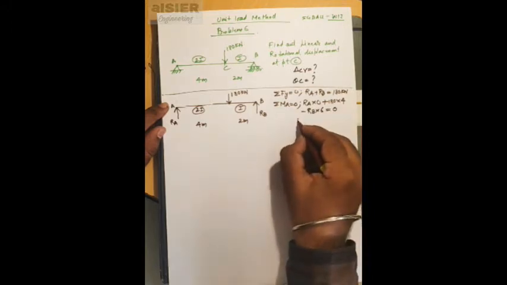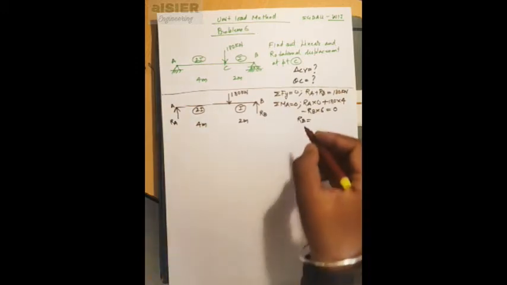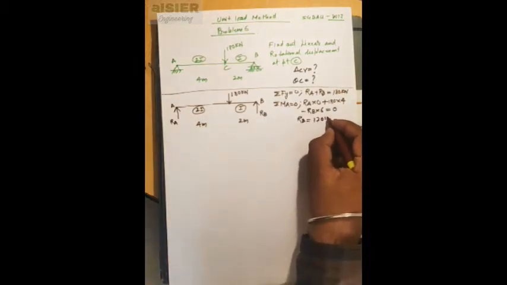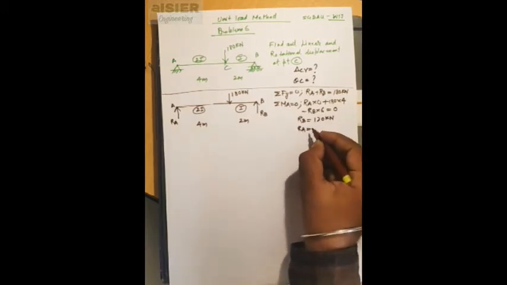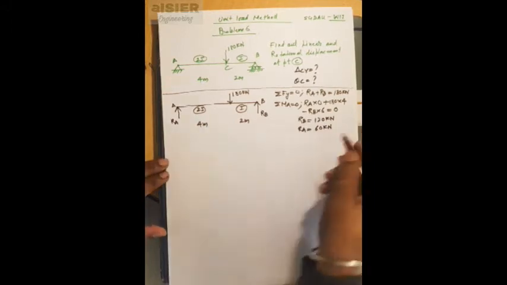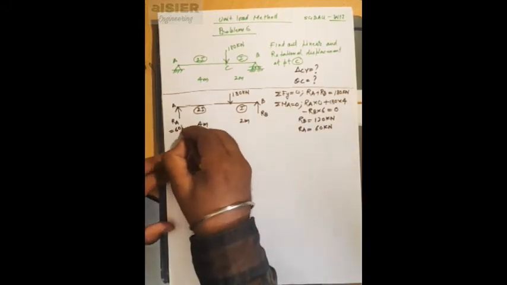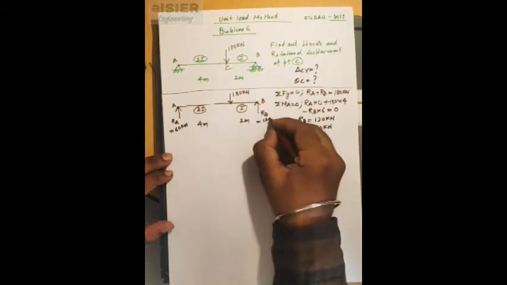So from this equation we will get value of Rb is 120 kilonewton and that of Ra is 60 kilonewton. So I will write down here Ra is 60 kilonewton and Rb is 120 kilonewton.